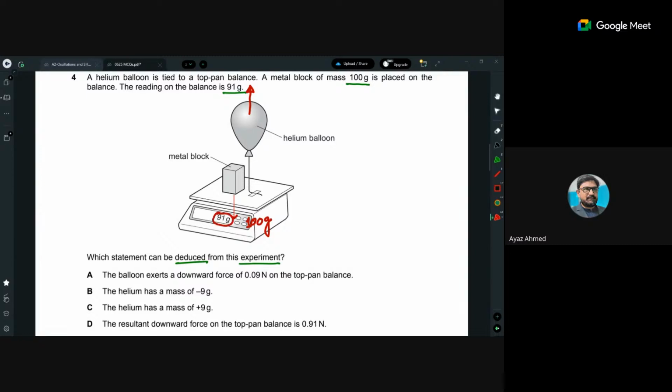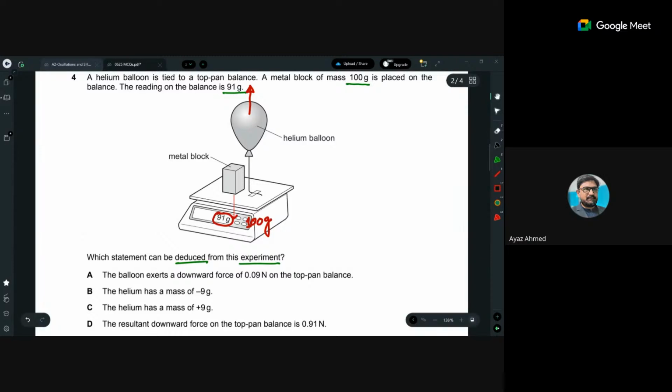So definitely how much is that force? It is 0.9 times g. I will make it clear for you. Its mass is actually something different. It is applying an upward force.